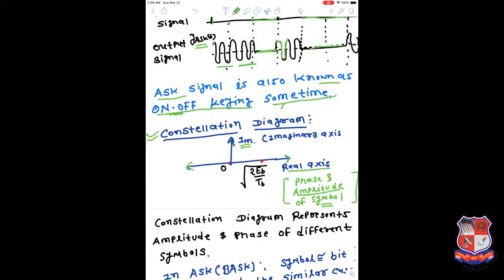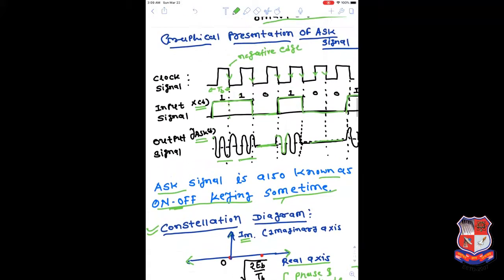Now, what is the symbol? We have to understand this. Basically there are two symbols. This is your symbol 1, and this is your symbol 2.